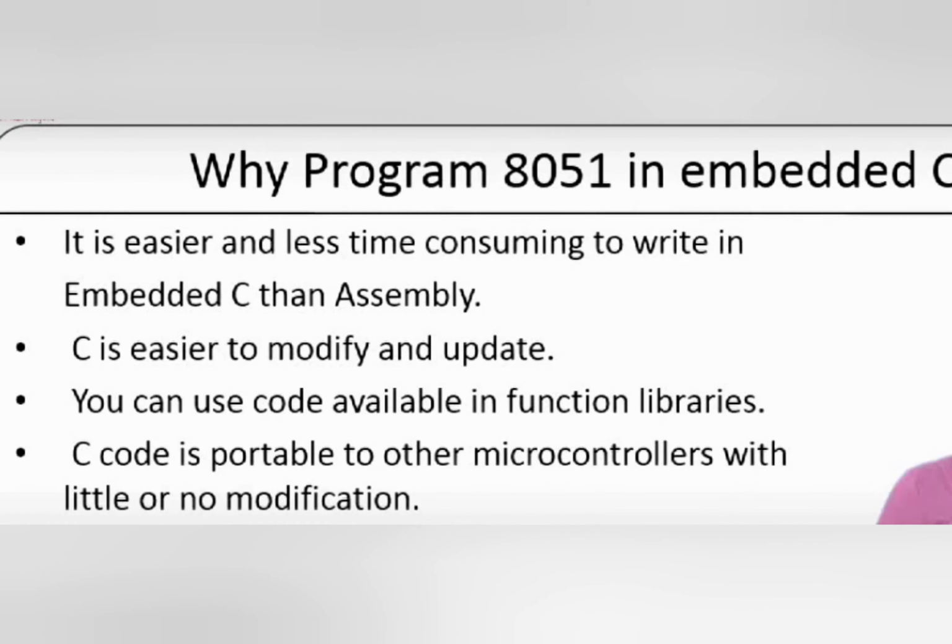Suppose you have written a program for the 89S52; the same program you can use on the 89S53 and other 8051 microcontrollers. Sometimes no modification is required, sometimes a little, but it is very easy to modify the C code.